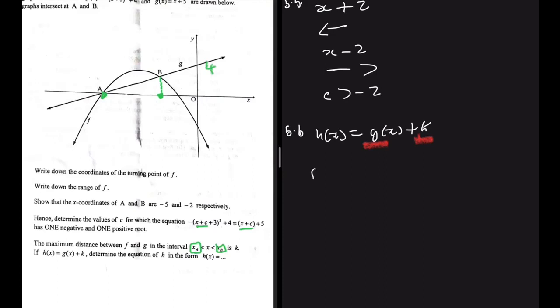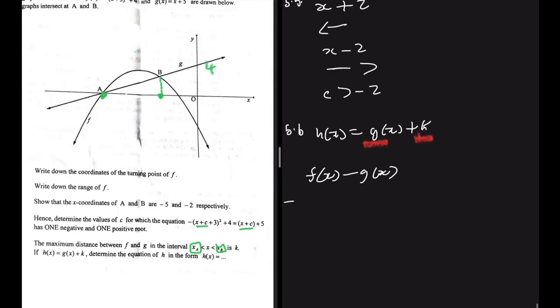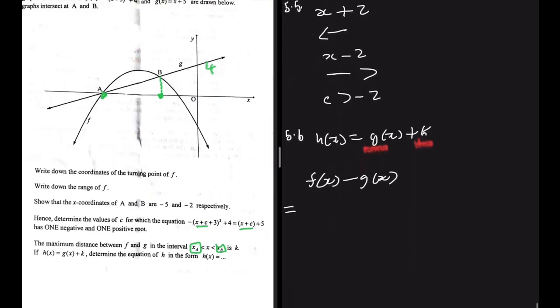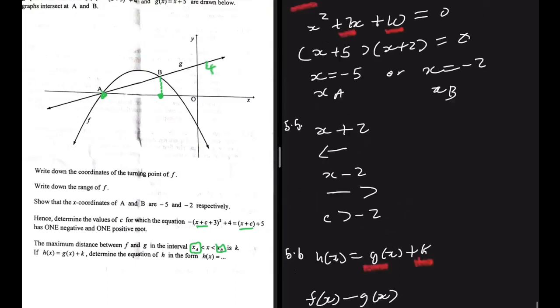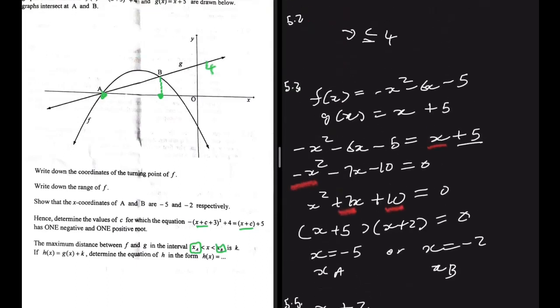So we have f of x minus g of x. That is how you find the equation for the distance between the two graphs. So f of x minus g of x will be equal to, what's our equation for f of x again? Here it is.